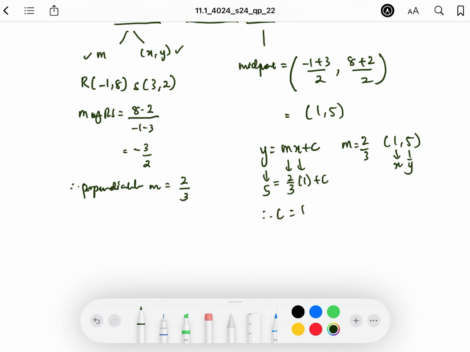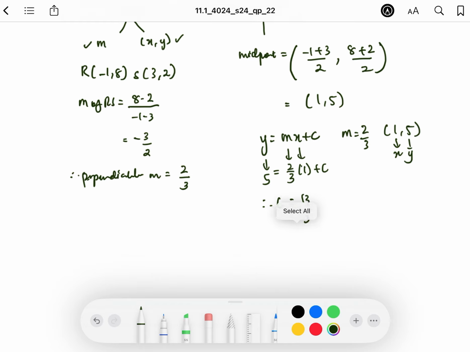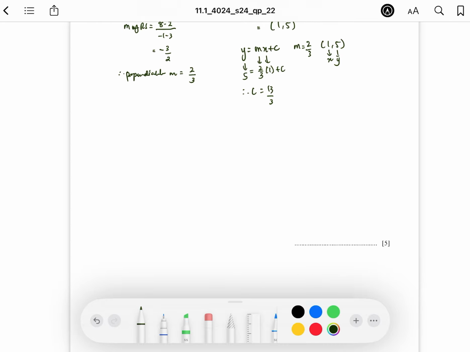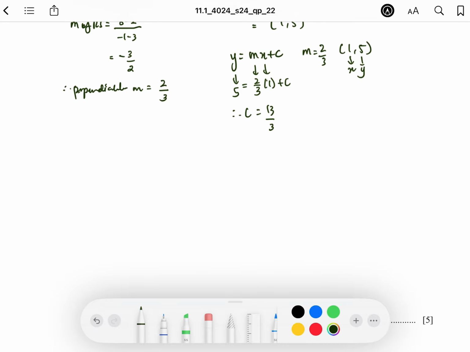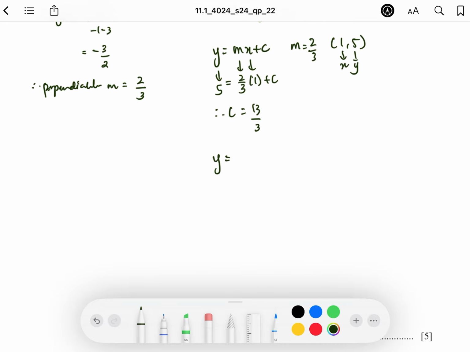Your c equals 13 over 3. That means your equation becomes y equals 2 over 3 x plus 13 over 3.